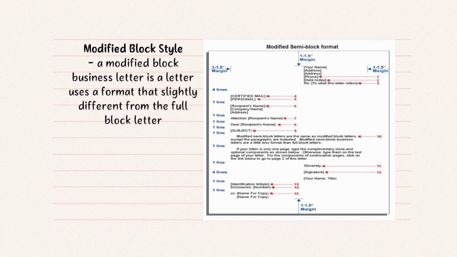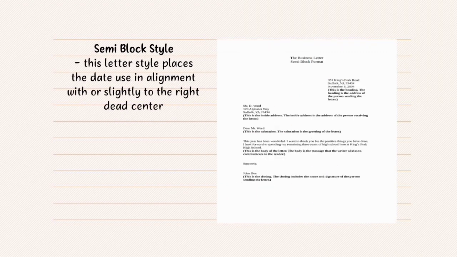So let's now proceed to the semi-block style. This letter style places the date in alignment with or slightly to the right of dead center. It is really similar to the previous block but has an informal appearance, as you can see.